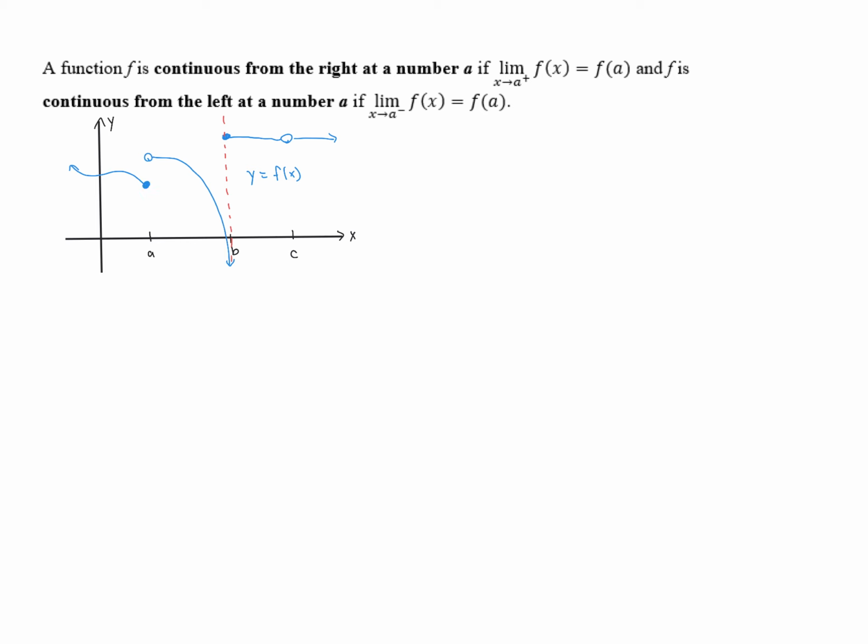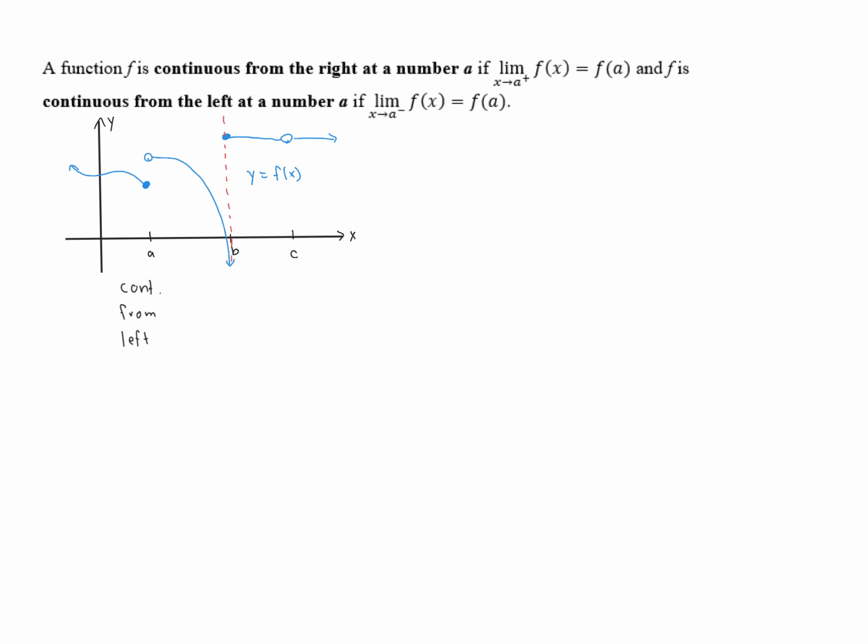Intuitively, this makes sense. It's continuous from the left because at that function value, we can continue staying connected to the graph as we go to the left. So this is continuous from the left.